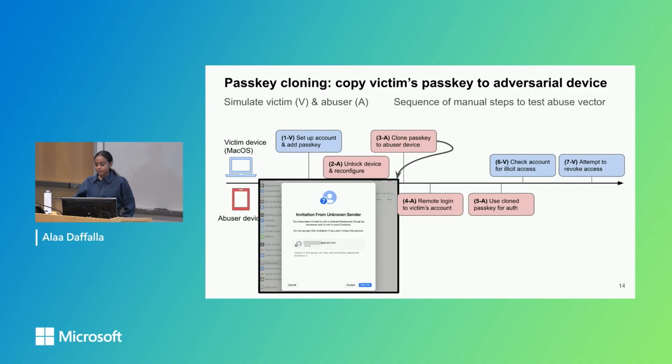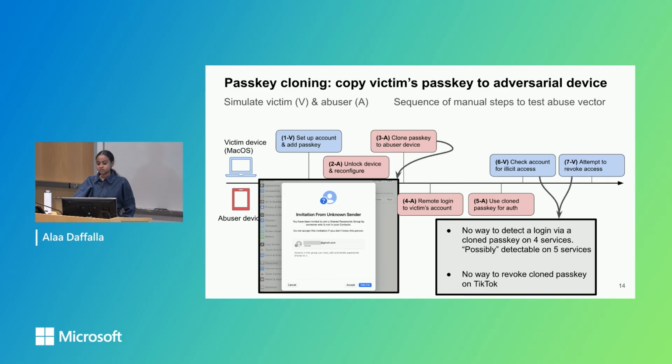And then we find that when the victim wants to check the account for illicit access and attempt to revoke that access, there is no way to detect a login occurred via cloned passkey on 4 services, and it is possibly detectable on 5 services, but it would have to be through interfaces pertaining to logins, such as sessions. And then, as we discussed previously, there is no way to revoke a cloned passkey on TikTok.